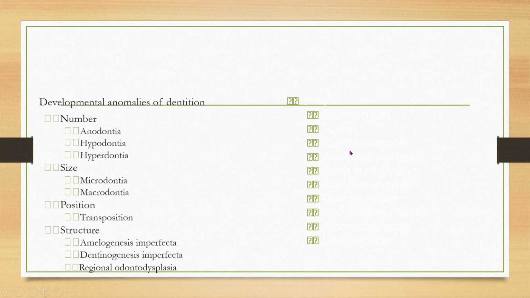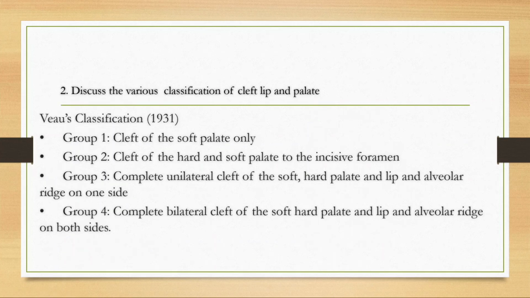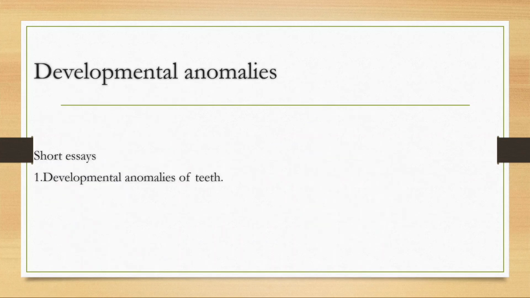Whereas the shape: we have gemination, fusion, concrescence, dens invaginatus, then taurodontism, hypercementosis, and dilaceration. So all need to be explained if it is asked as a long essay.